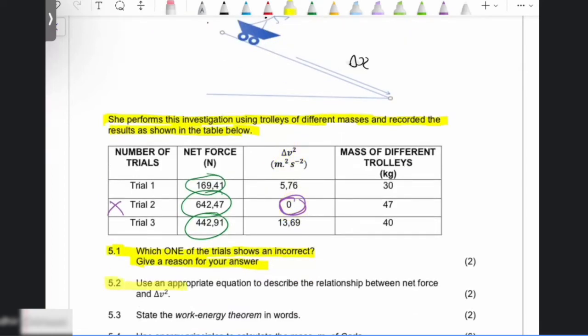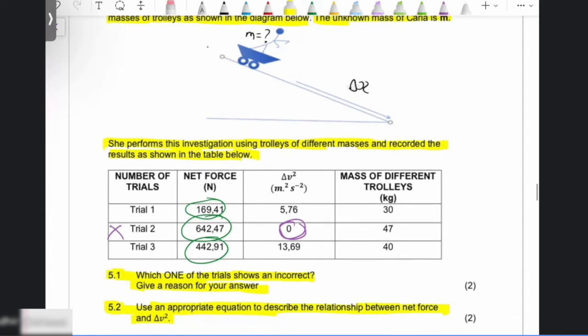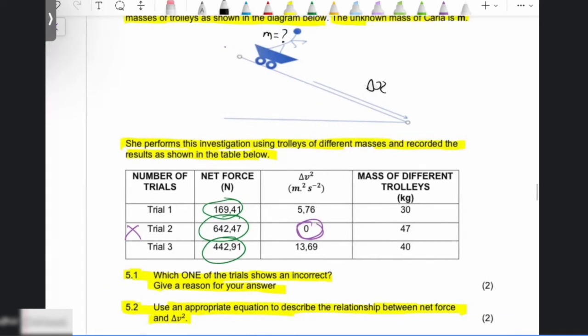5.2, use an appropriate equation to describe the relationship between net force and delta v squared. Now this was actually a cool thing. When I read this, I was like, this is rare that they asked this. So how do you bring about net force and your change in velocity squared? It takes us back to work net is equal to change in kinetic energy. Work net is F net times a certain displacement.